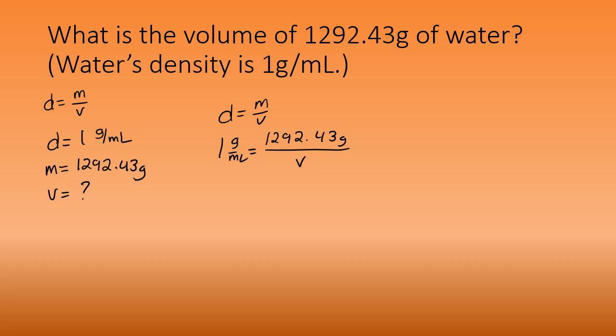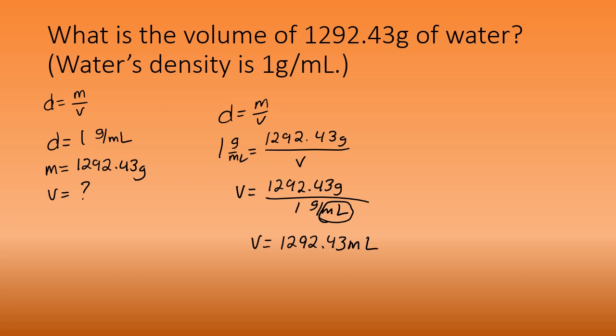So V then becomes 1,292.43 grams divided by 1 gram per milliliter, which will give us a volume of 1,292.43, and we can see that the units of volume from our density are milliliters. So the answer is 1,292.43 milliliters.